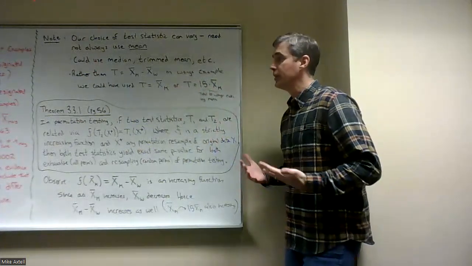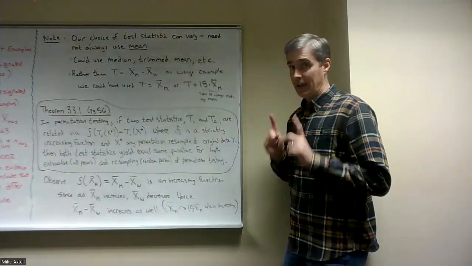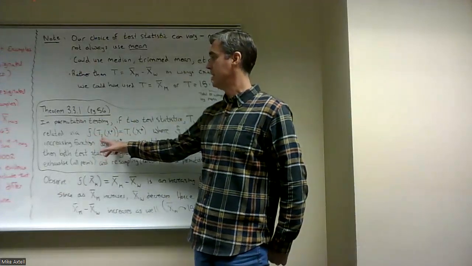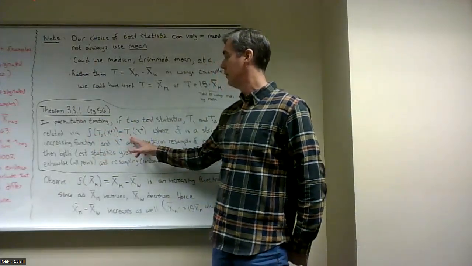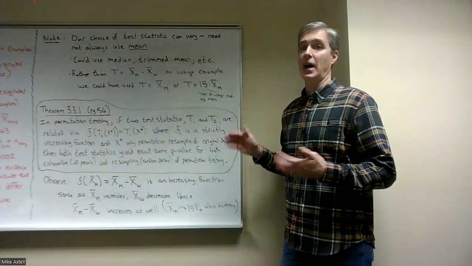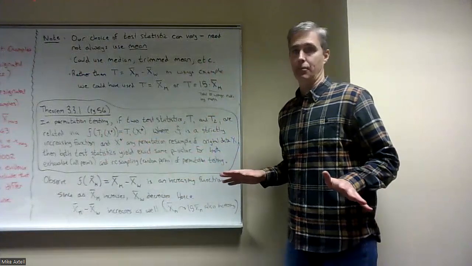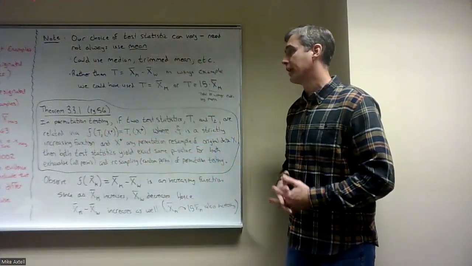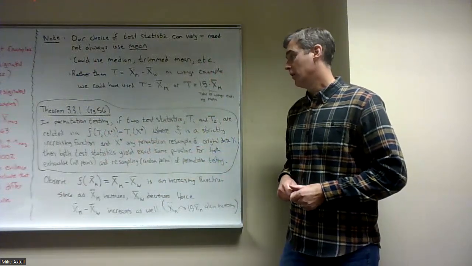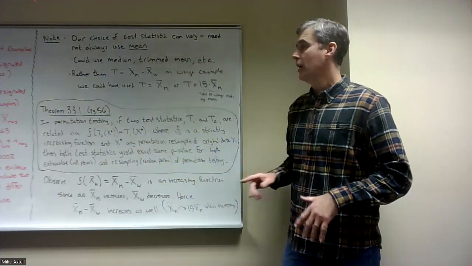So in permutation testing, if we have 2 test statistics, T sub 1 and T sub 2, and they're related via a function, so there's some function, little f, that sends T sub 2 to T sub 1, where that little f has to be strictly increasing, so its derivative is always positive, its graph is always heading up, and x star is any permutation resample of the original data, then both test statistics yield the exact same p-value.